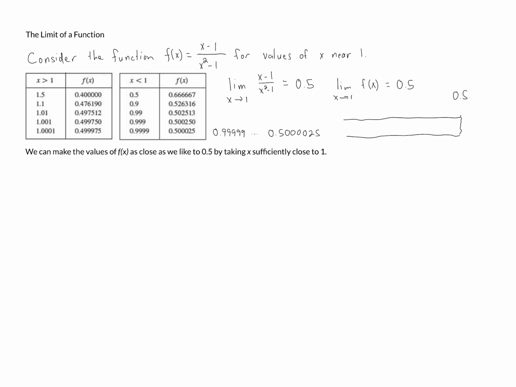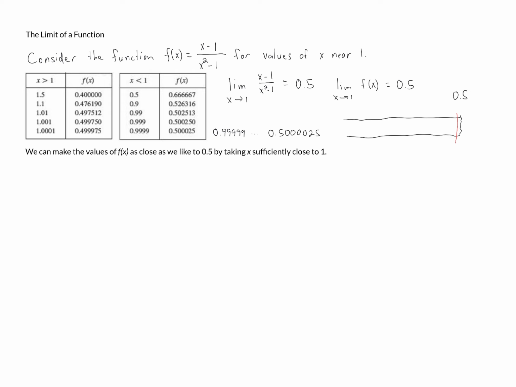If there happens to be a barrier somewhere such that no matter how many 9s we put in here, we never actually get past that barrier and closer to 0.5 than that barrier, then the limit isn't 0.5. The limit is something that comes slightly before that.